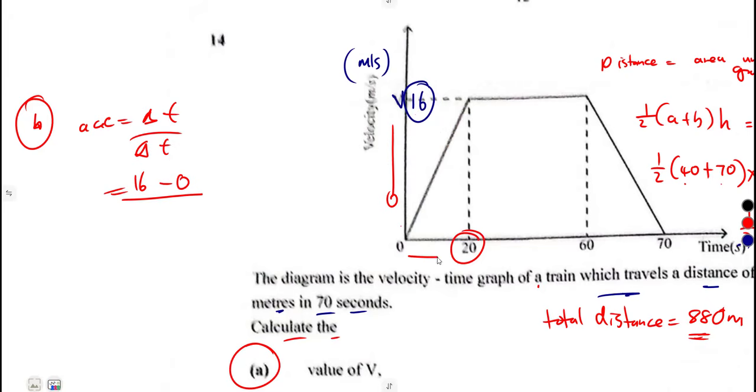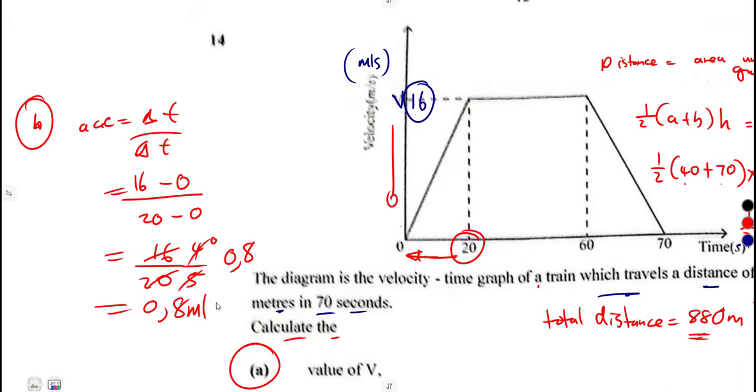Change in time from 0 to 20, that's 20 minus 0. So 16 over 20, reduced by 4, that's 4 over 5, which is 0.8 meters per square second acceleration.